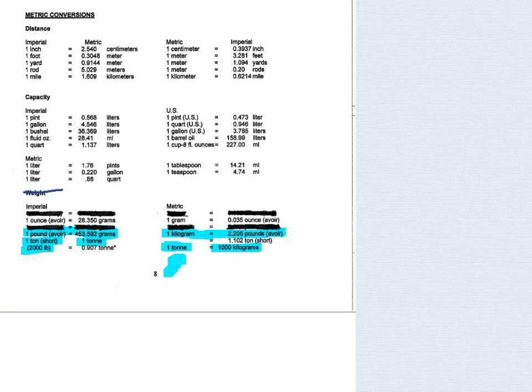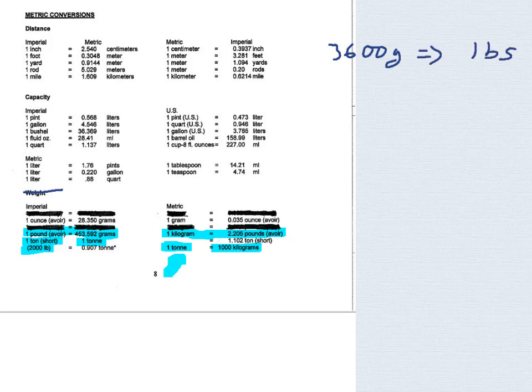Let's do the example. We'll do an example here. If you had 3,600 grams and you want to know how many pounds that was. 3,600 grams. You want to change it into pounds. Abbreviation for pounds quite often is LBS.